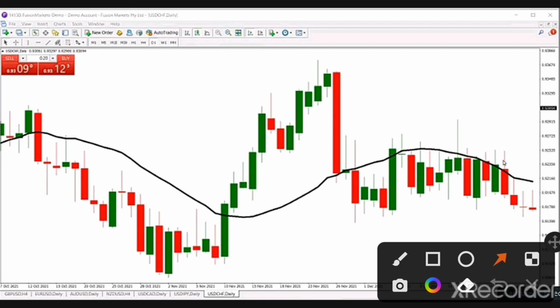Most traders set up their trade position on the first candlestick below the SMA for a sell position. It is probably here or might be at this bullish candle. Inversely, they also set up their buy position on the first candlestick above the SMA. It is definitely on this candlestick.